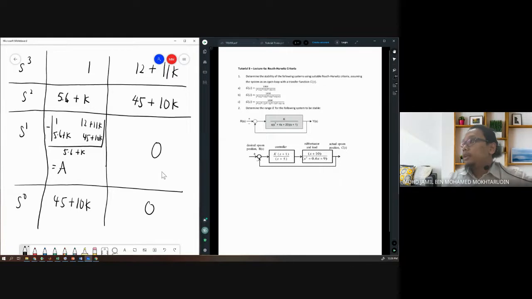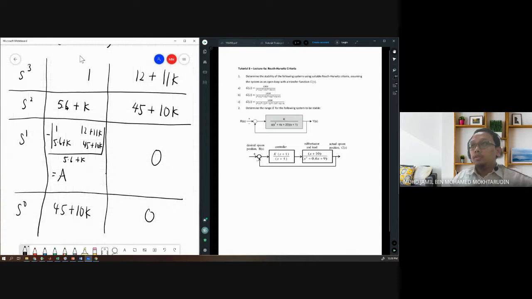Then to find the range of K for a stable system, you need to check the first column. All the values in the first column must be positive, or there are no sign changes.